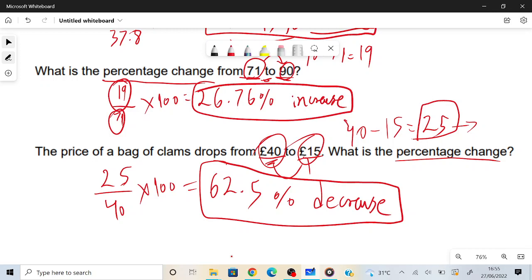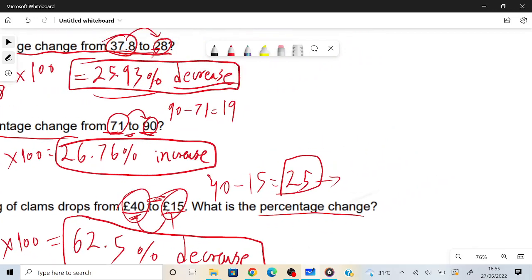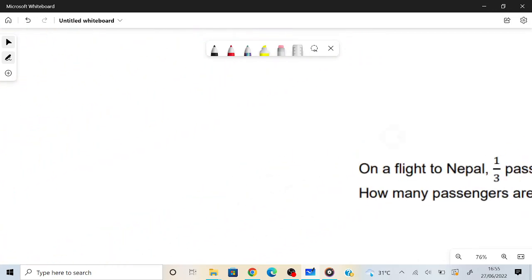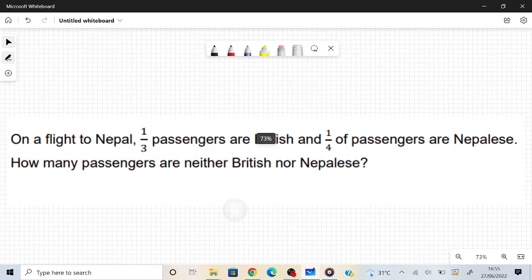Again, you need to make sure whether it's a decrease or increase, if your exam requires you to know that. And then again, your numerator is just the difference between the two values, and your denominator is the original value. So on to our next example, and the final example for this video.